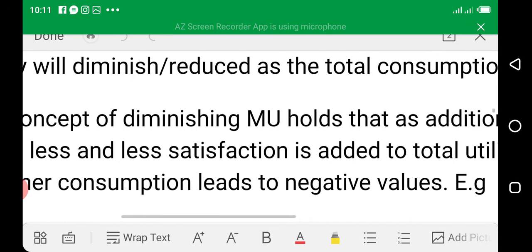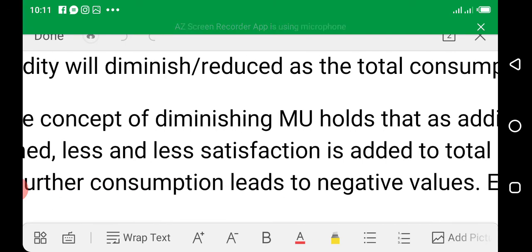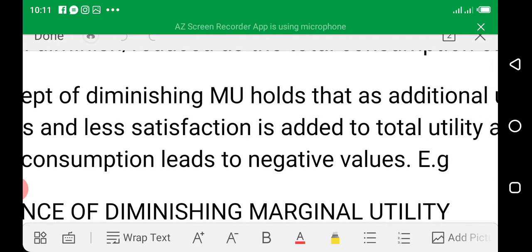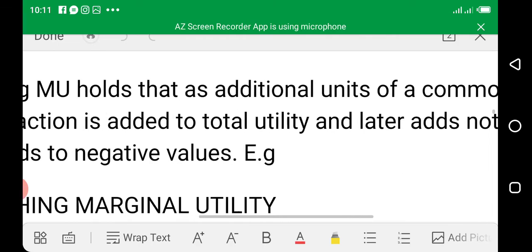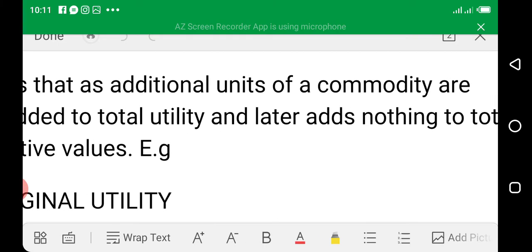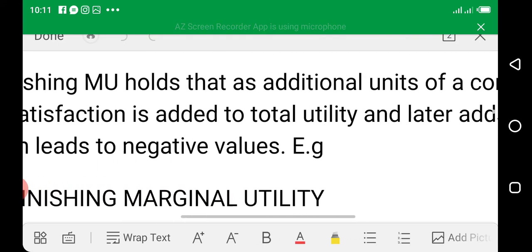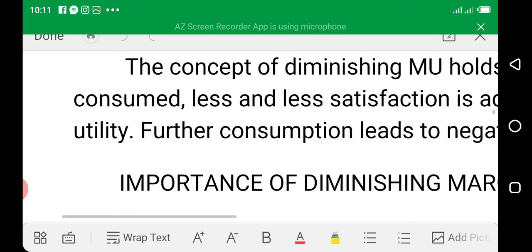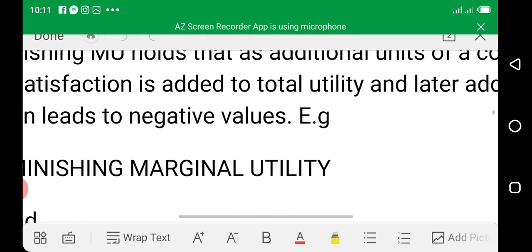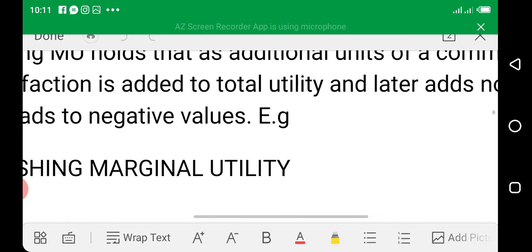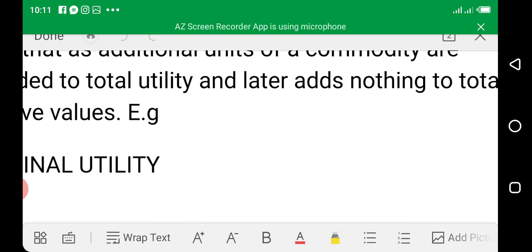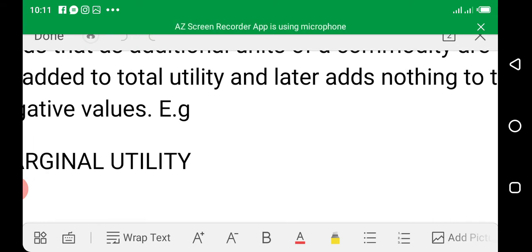Then the concept of diminishing marginal utility holds that as additional units of a commodity are consumed, less and less satisfaction is added to the total utility, and later adds nothing to total utility.